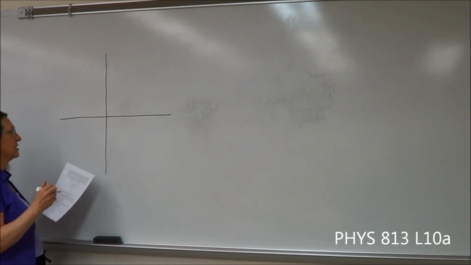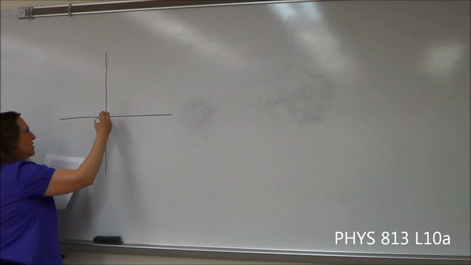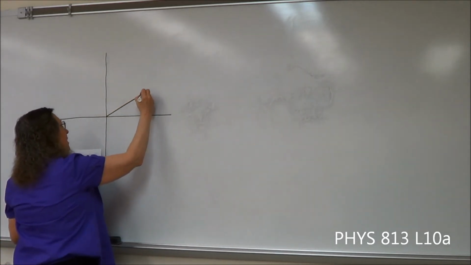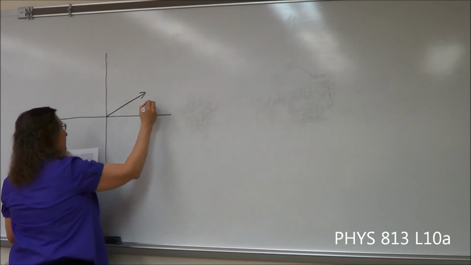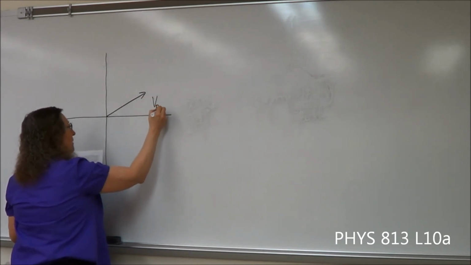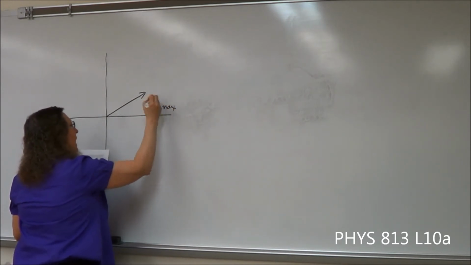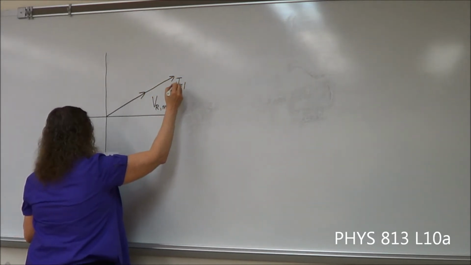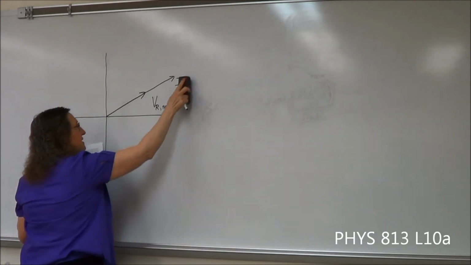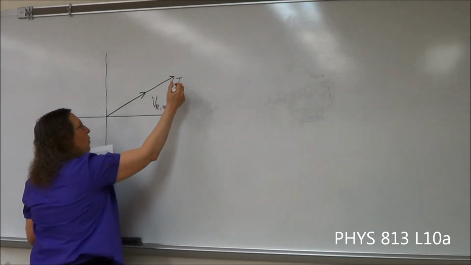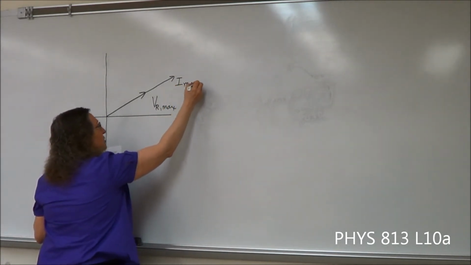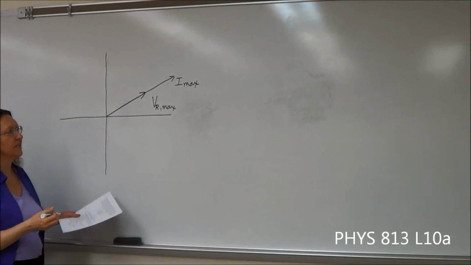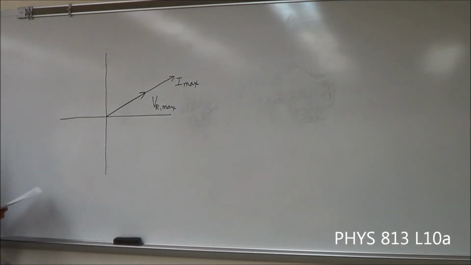But the voltages are what we're actually going to look at. So I'm going to put VR max. I'm going to extend this to show the current. And since the current is the same at all points, now we don't need a subscript for resistor, capacitor, or inductor because it's the same.